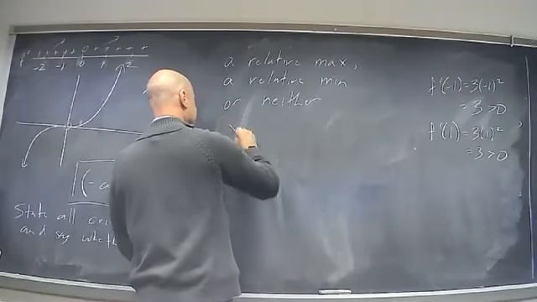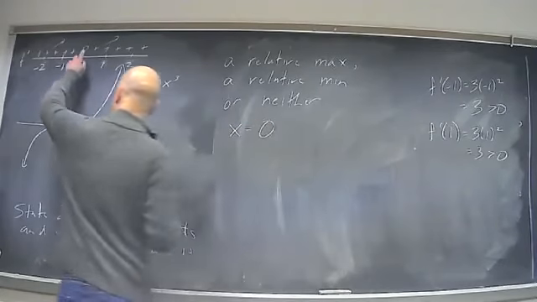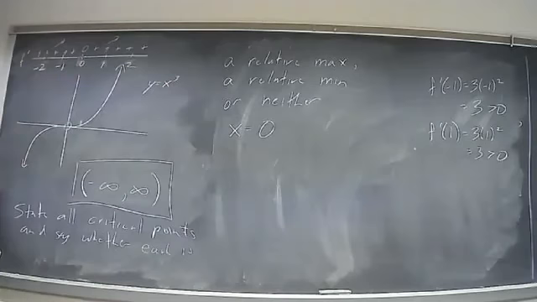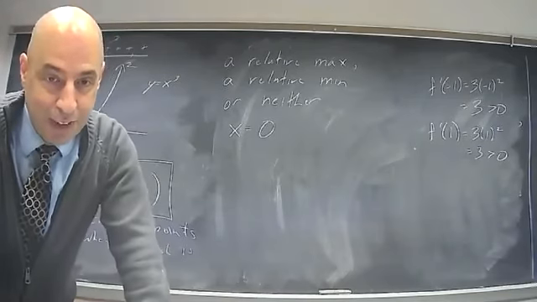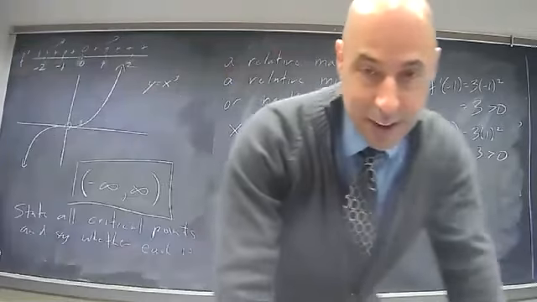You just said there is a critical point at x equals 0. That's where the derivative equals 0, and there are no places where the derivative doesn't exist. What kind of critical point is x equals 0? Is it a maximum? Is it a minimum? Is it neither?